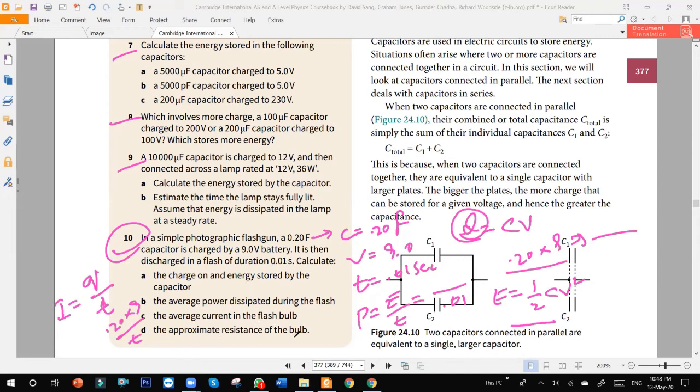The approximate resistance of the bulb. V is equal to IR. Actually, in this case, the resistance will not remain the same, so that's why they use the term approximate.